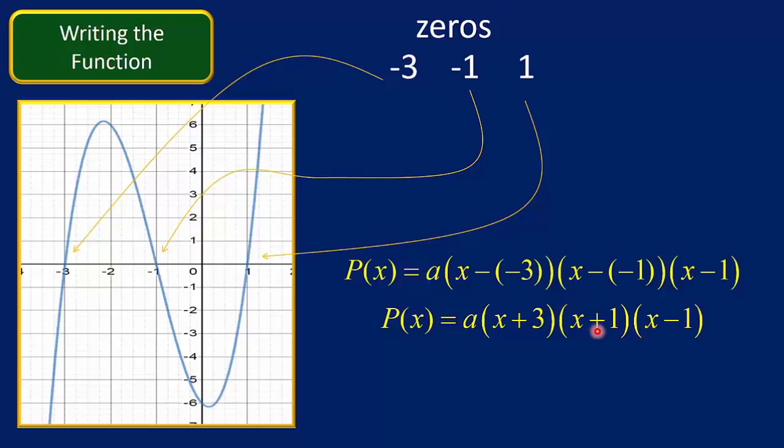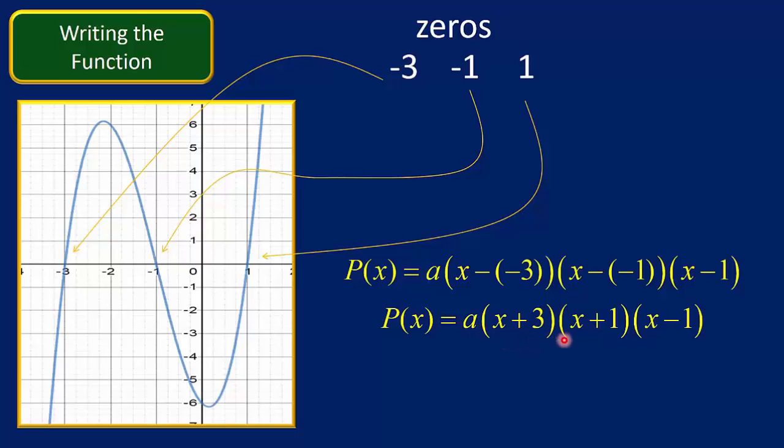Now, the a here, what that's for, what we have now is a polynomial, and it passes through each one of these x-intercepts. But if I left the a off and I said, well, what is the y-intercept?